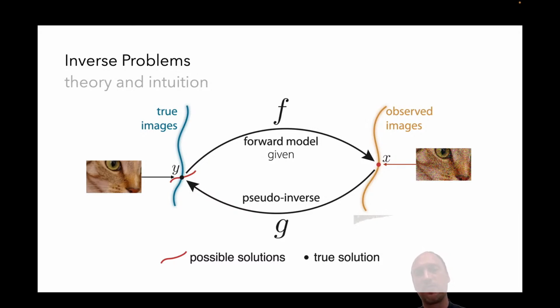But suffice to say that the problem in its essence is how do we find this Y that satisfies both: that has to be consistent with what we observe, but also consistent with what we consider are the true images, right?